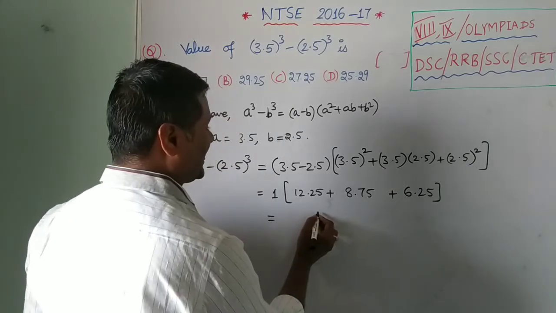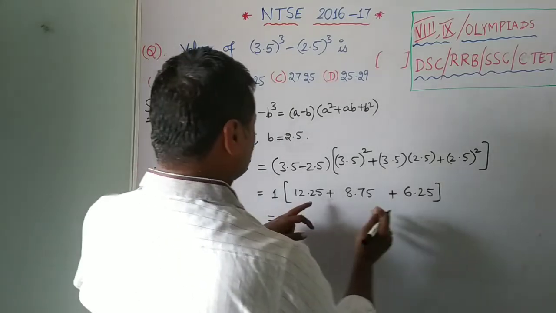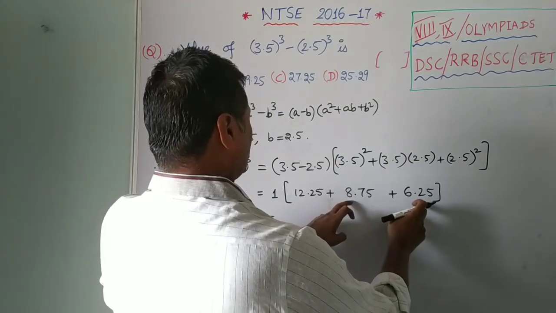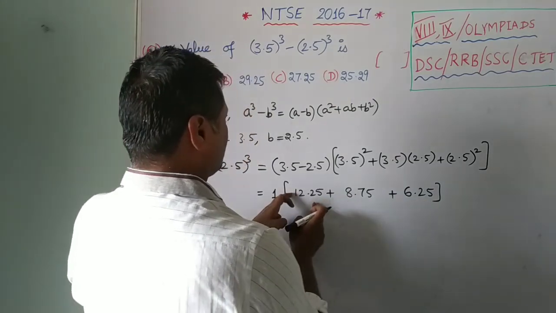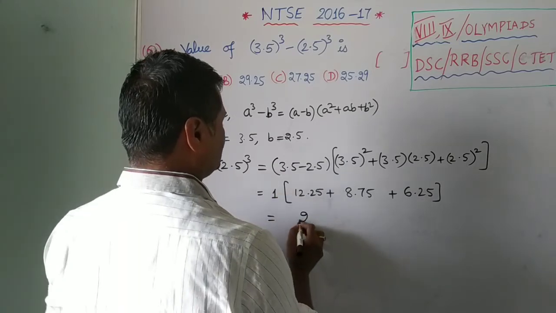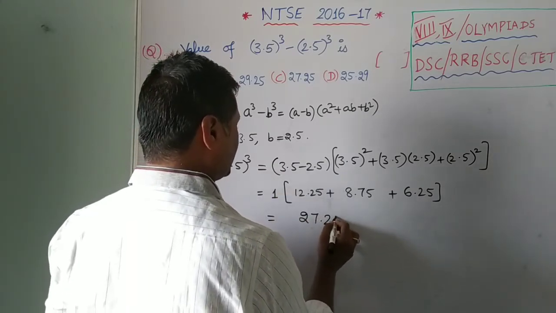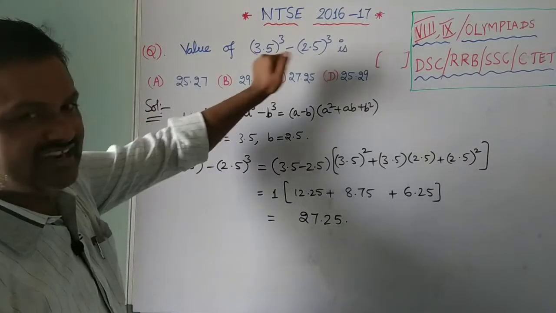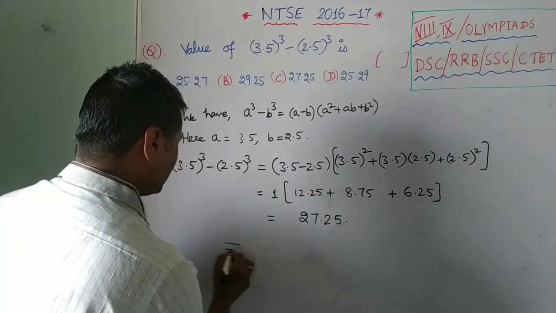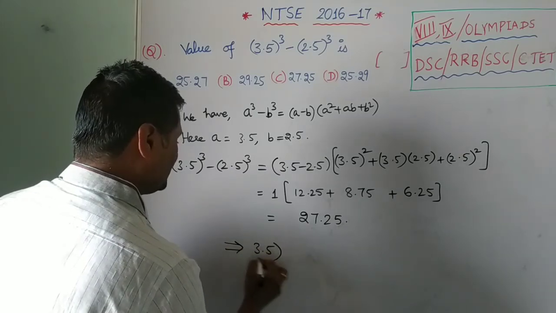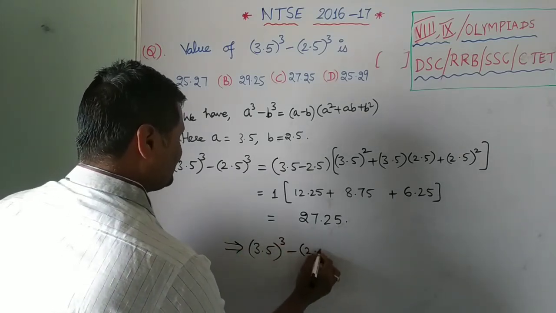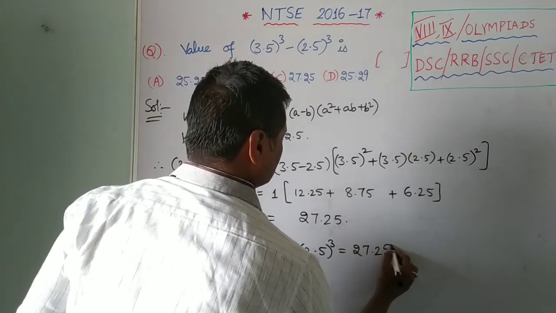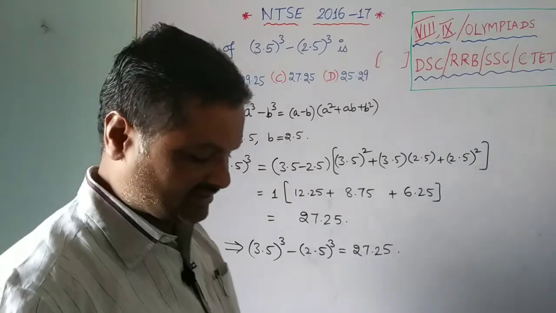If you add, first of all we'll add these two, you get 15 plus 12.25. You get 27.25. This is the value after taking the cubes and difference. Therefore, 3.5 cube minus 2.5 cube gives you 27.25. This is the final answer.